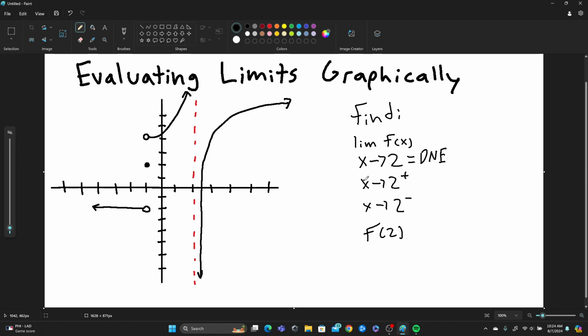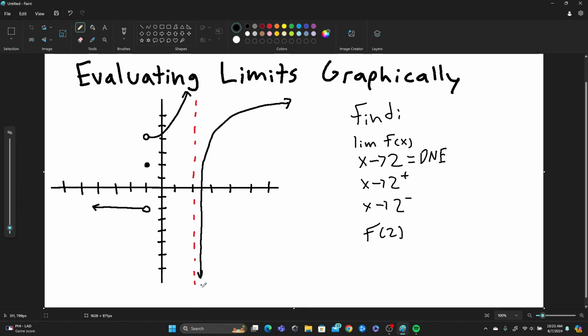Next, when x is approaching 2 from the right side, from the positive side, so this is x equals 2, and we're going to start on the right side, the positive side, and get closer and closer and closer to 2. As x approaches 2, the y value gets closer and closer to negative infinity.